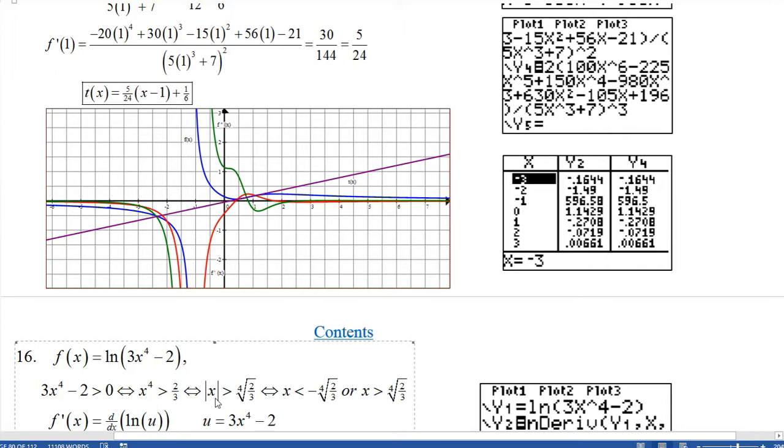So the absolute value of x is greater than the fourth root of 2/3, which means either x is less than negative the fourth root of 2/3, a negative number, or x is greater than the fourth root of 2/3.